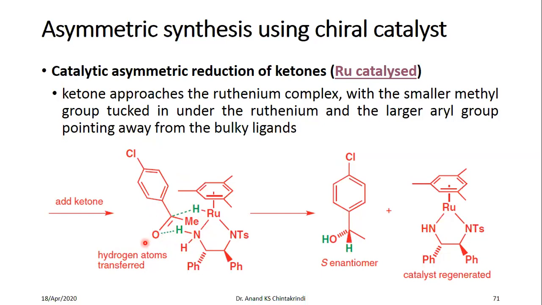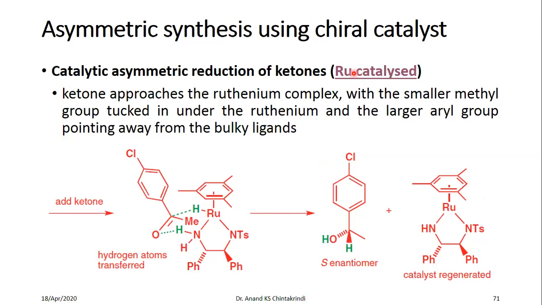This is not the exact cyclohexane, but again a 6-member complex is formed here. Hydrogens are transferred to this carbon and this carbon. Remember, the source of hydrogen here is formic acid, and this results in the S enantiomer, and the catalyst is regenerated.